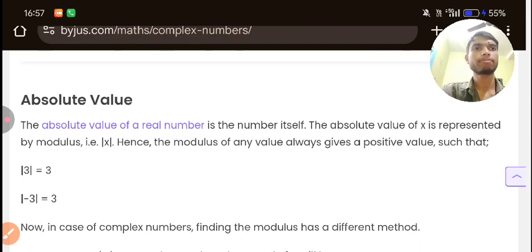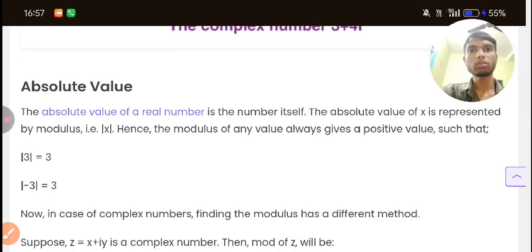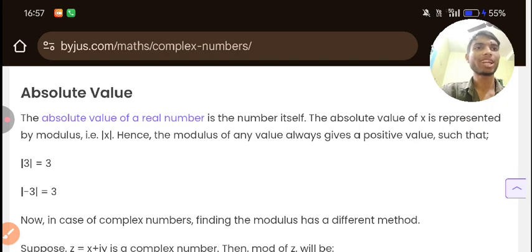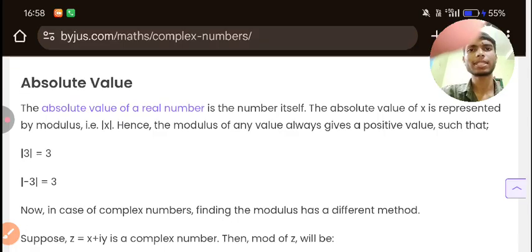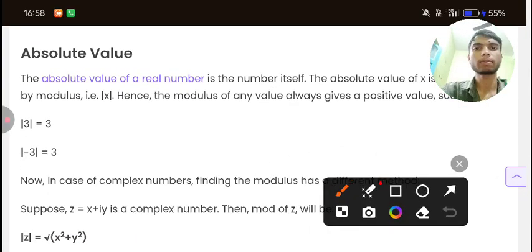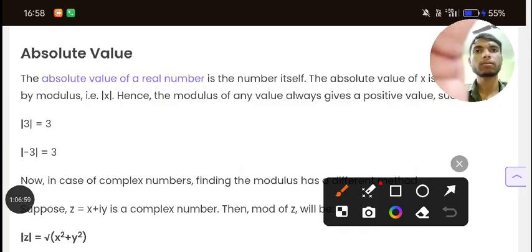Absolute value. What is the meaning of absolute value? The absolute value of a real number is the number itself. The absolute value of x is represented by modulus. When we apply modulus, it will change the sign of a minus. So here you can see what is happening. This is 3.